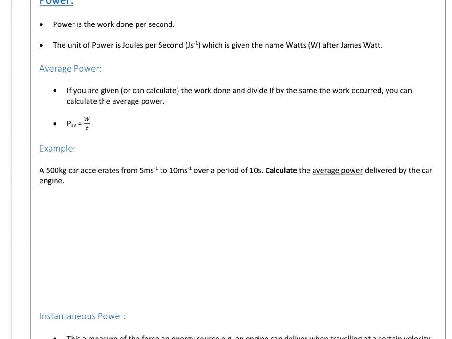We've got a 500 kilogram car accelerating from 5 to 10 meters per second over 10 seconds. Calculate the average power. The first thing is to calculate the change in energy, which in this case is kinetic energy, because we haven't talked about any others. So that's going to be the final kinetic energy minus the initial.